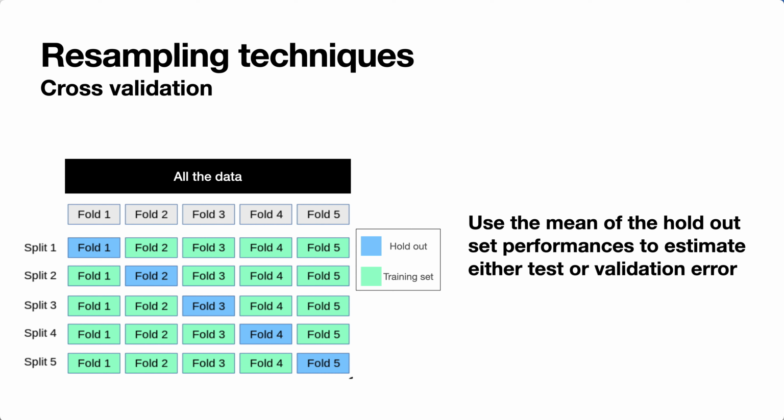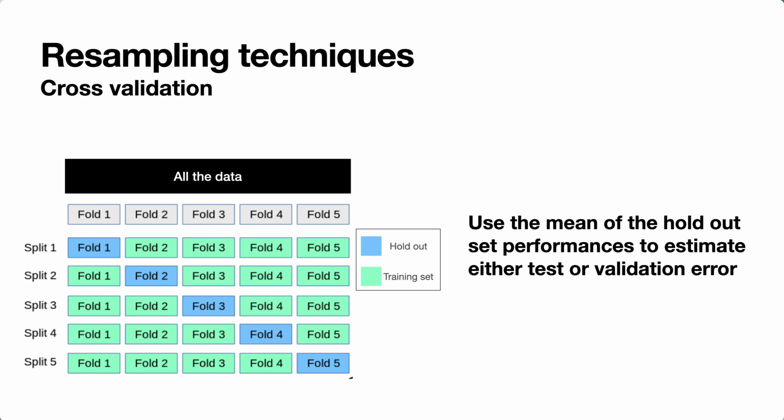If we have a limited data set, instead of dividing it up into a training set and a test set, what we can do is divide it up into multiple folds. So we have, in this particular case, 5-fold cross-validation.